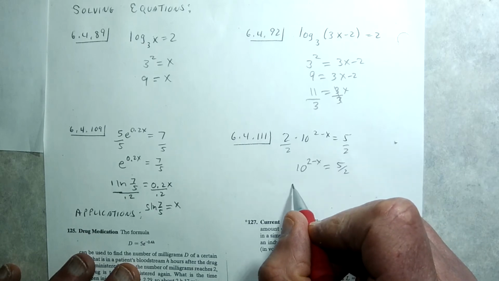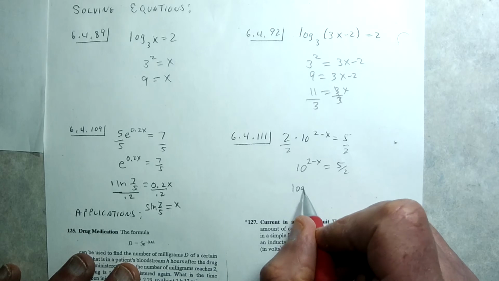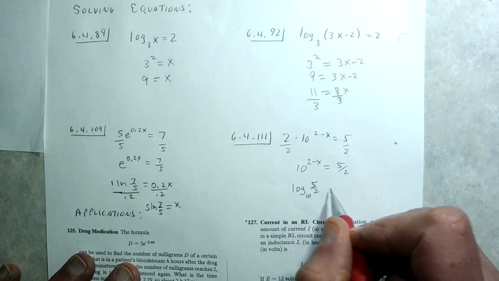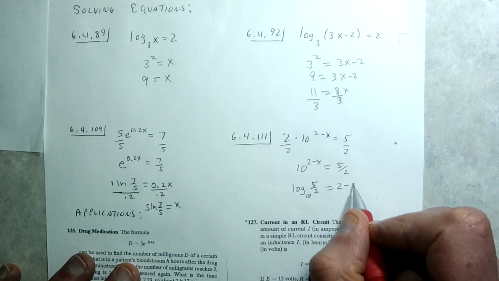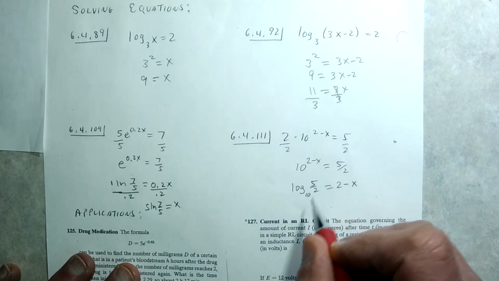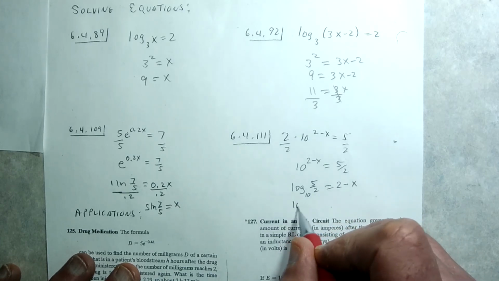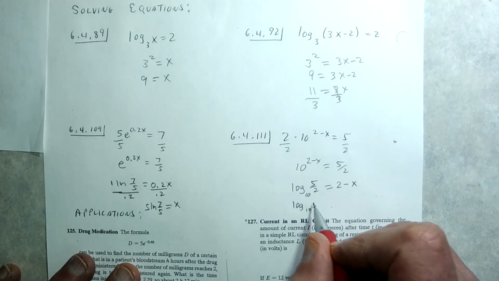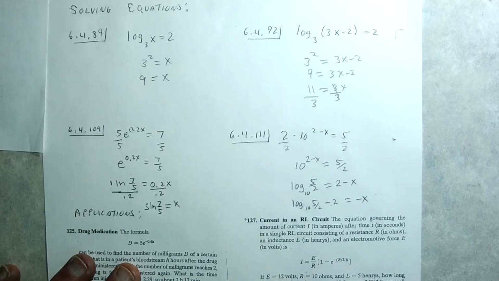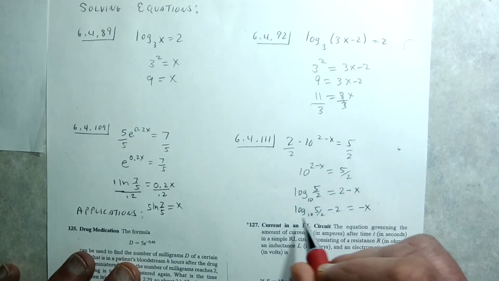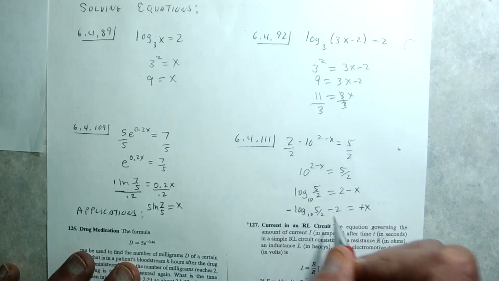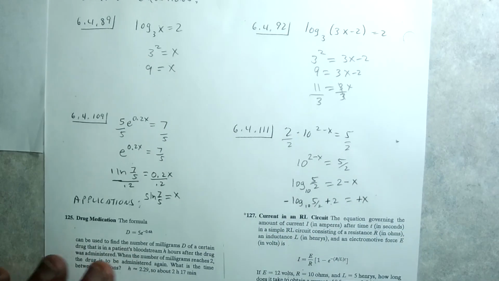And so I'm going to say that the log base 10 of 5/2 is equal to 2 minus x. Then I'll subtract 2, and I'll get this. Minus 2 is equal to, now be careful, this is negative x. So I'm going to just multiply by negative 1 on both sides, and this becomes positive, this becomes negative, and this becomes positive, and there would be our answer.